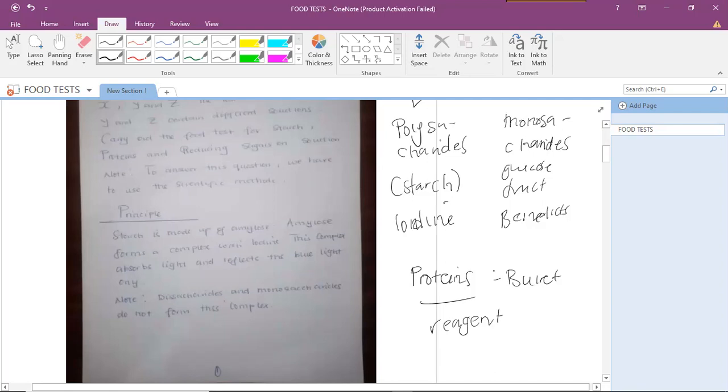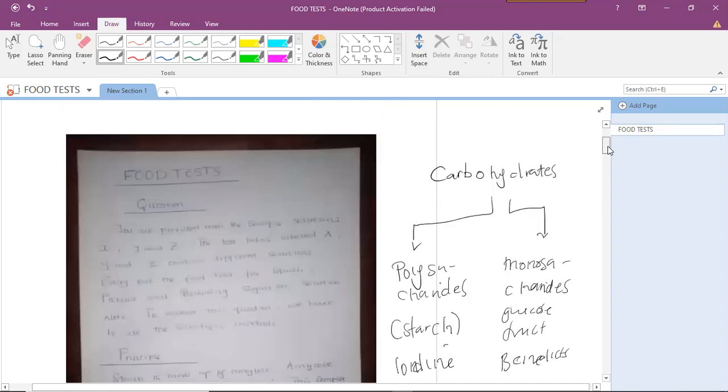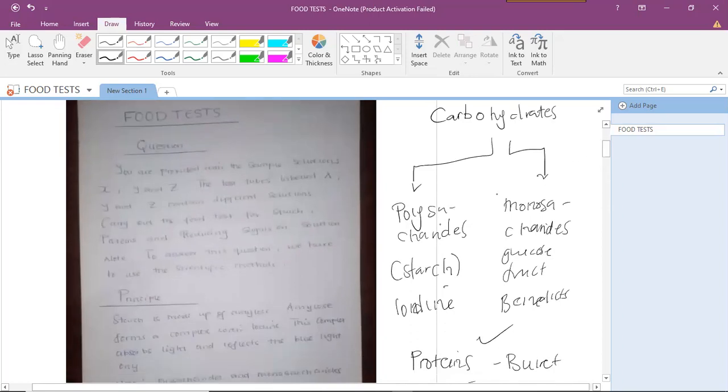So pay particular attention when we talk about the method for the test for proteins using biuret reagent, the principle of the iodine test for starch, for polysaccharides, and the principle of the test for reducing sugars using Benedict's reaction.